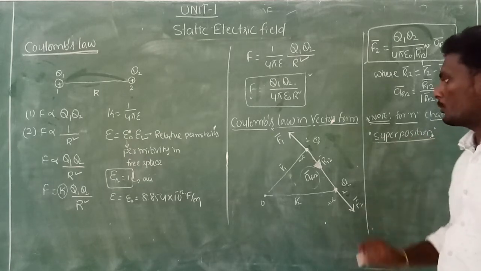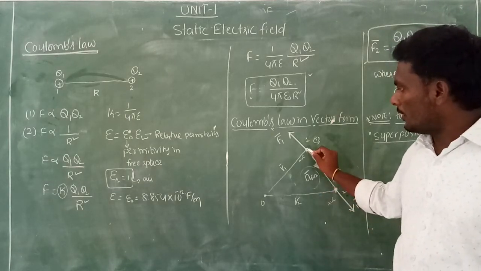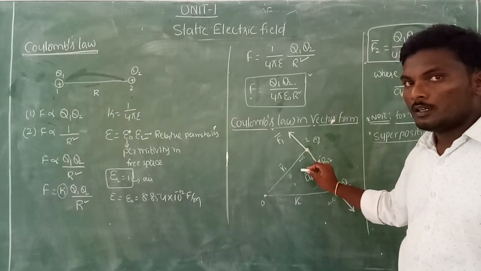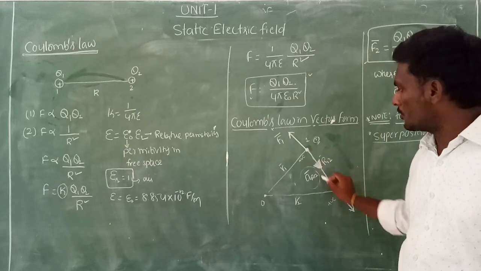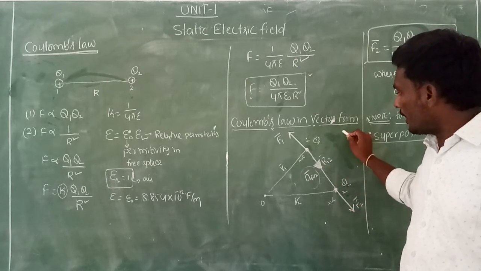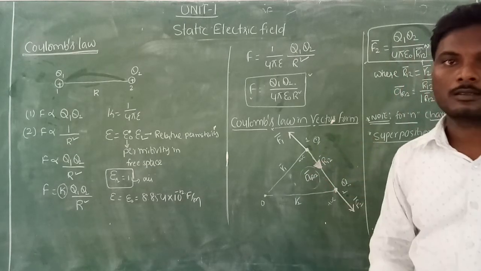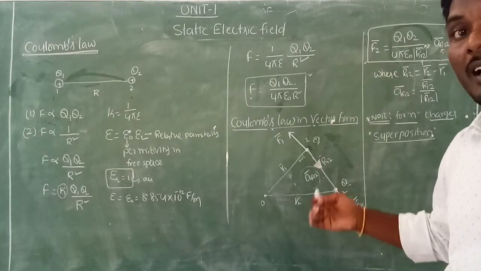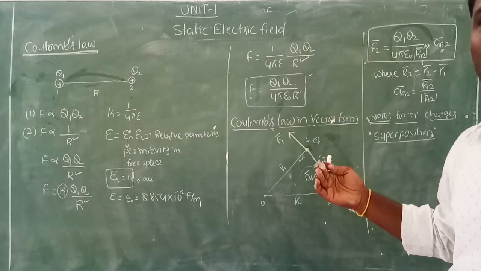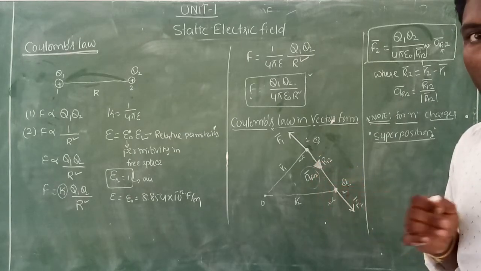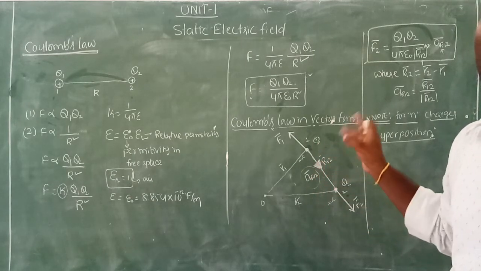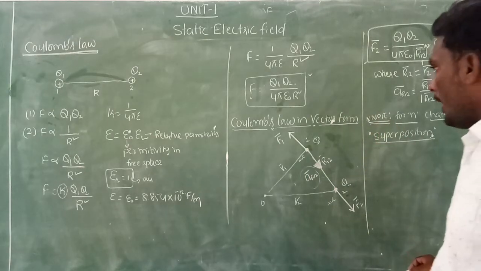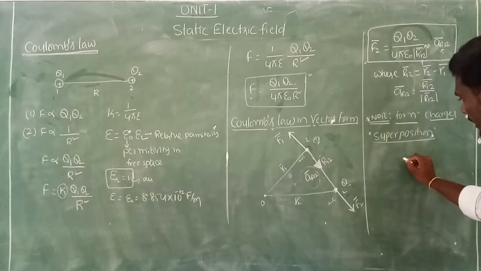According to the principle of superposition, whenever you consider the force exerted on one charge due to another charge, the other n minus 2 charges can be considered as suppressed. That means we should not take those charges into account. See, I have n charges like this.